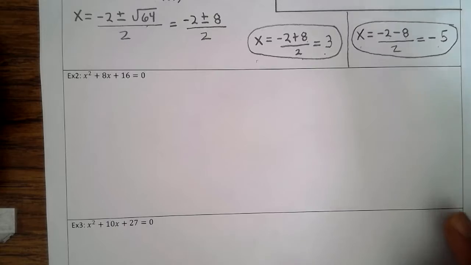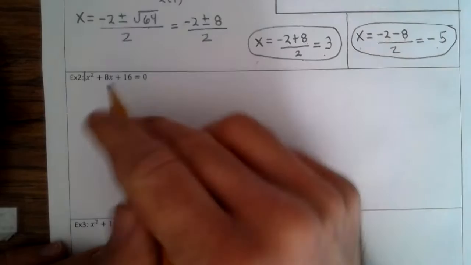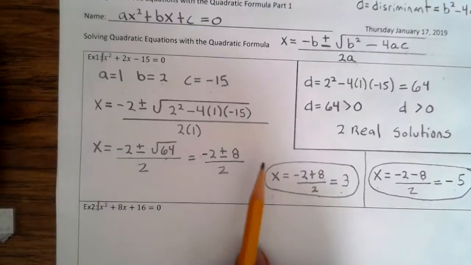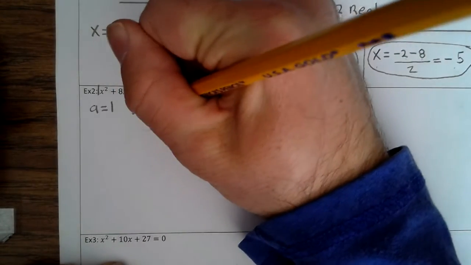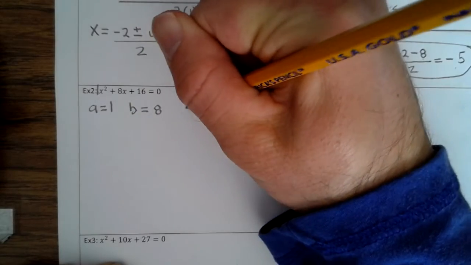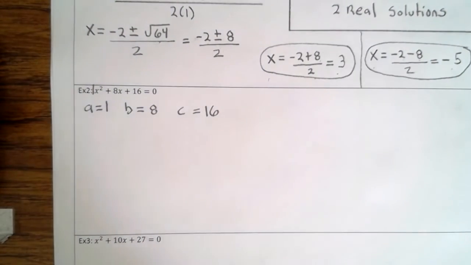Let's take a look at example 2. If there's not a number in front of x, put a 1. Then you identify the a, b, and c values. So a equals 1, b equals 8, and c equals 16. At that point, you plug the numbers into the quadratic formula.